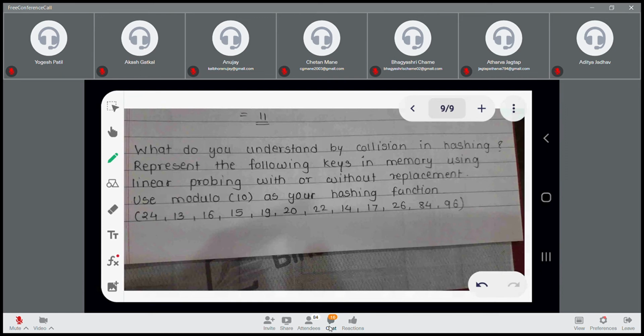Can anyone please try to solve this example? You can share your screen. Anyone interested to solve this example?